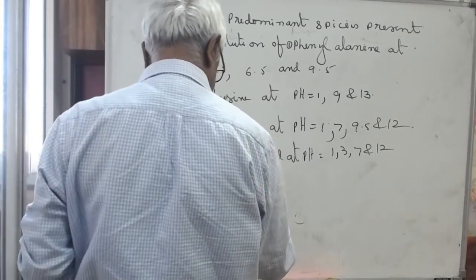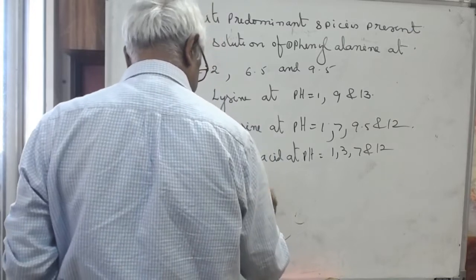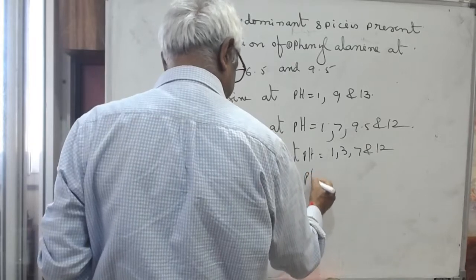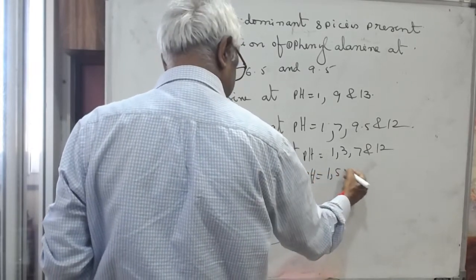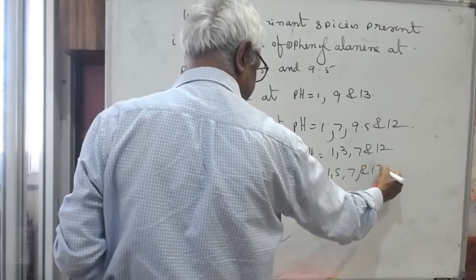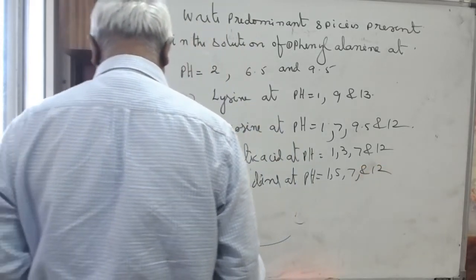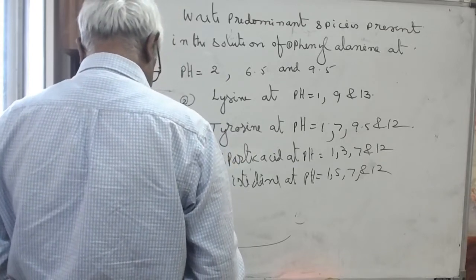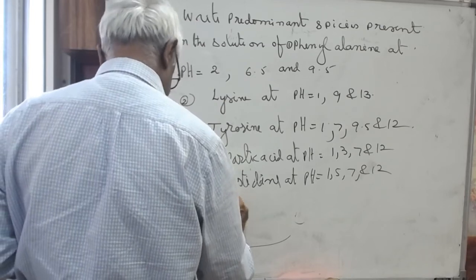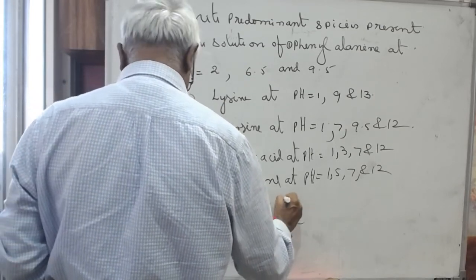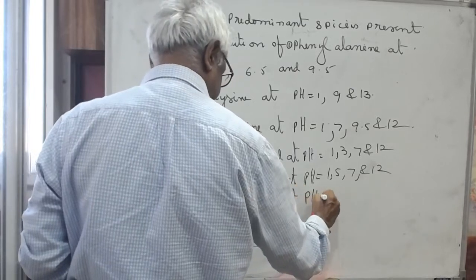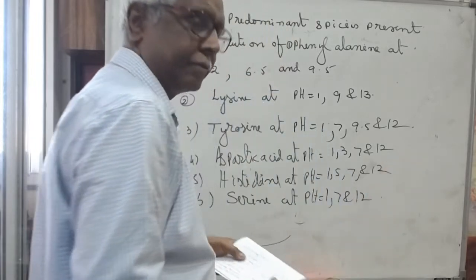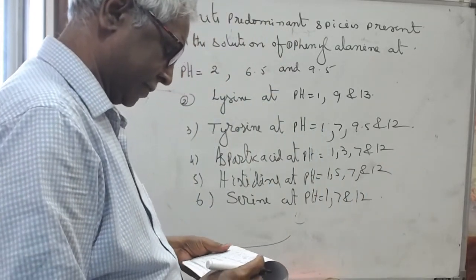Histidine at pH 1, 5, 7 and 12. Serine at pH 1, 7 and 12. So this homework I am giving to you.